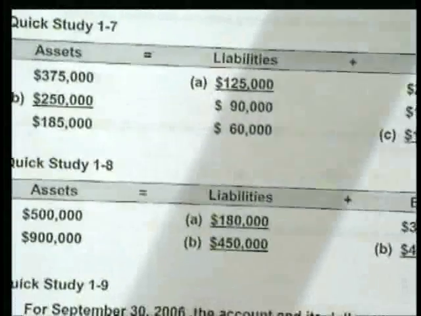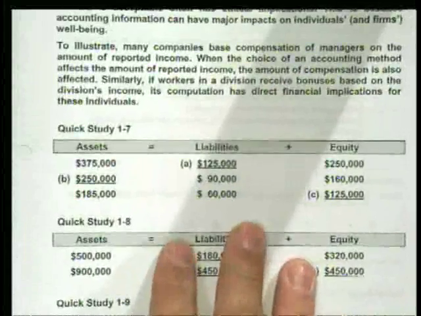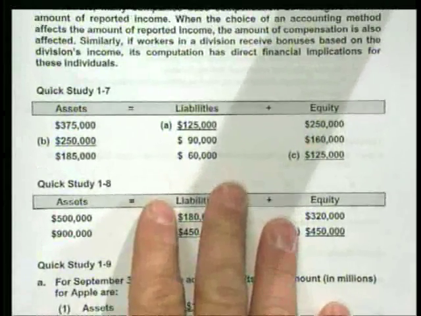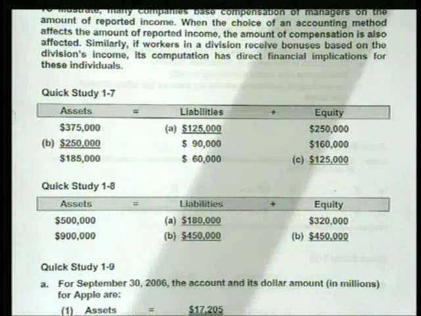All right, and if total assets of Golfland equal 90,000 and its liabilities and equity amounts are equal to each other, what is the amount of its liabilities? 45,000, and equity is also 45,000, correct? So, real quickly, there are the answers for Quick Study 1.7 and Quick Study 1.8.